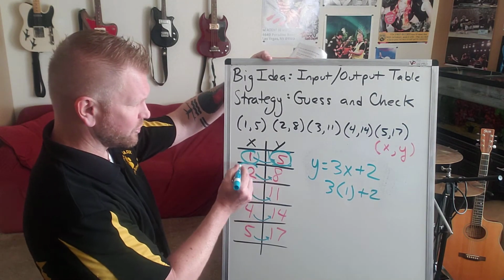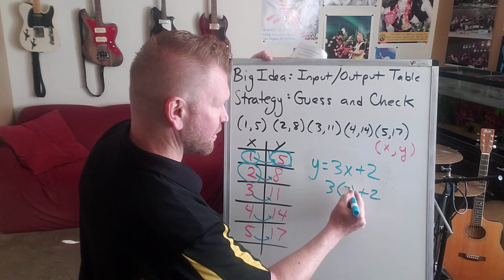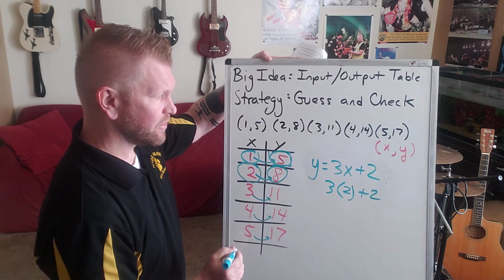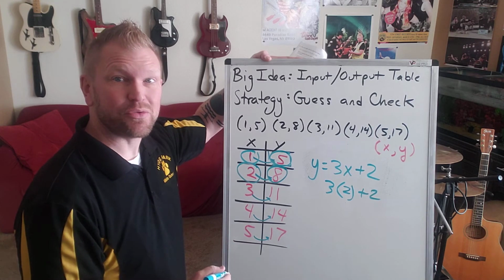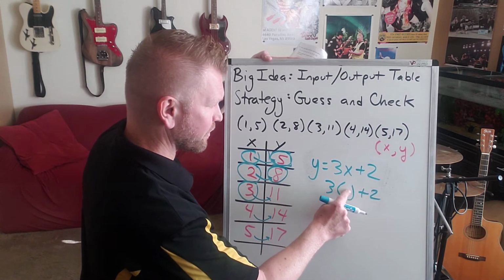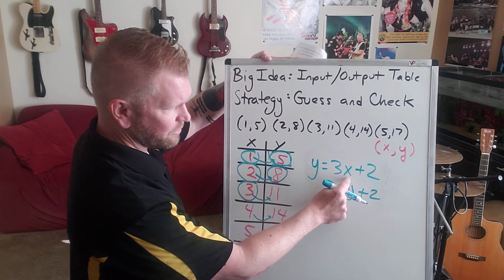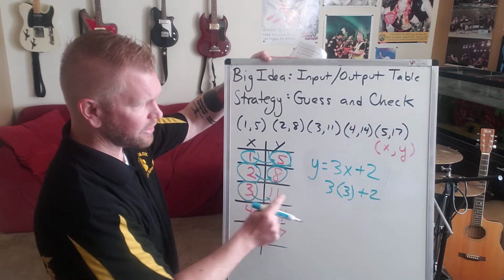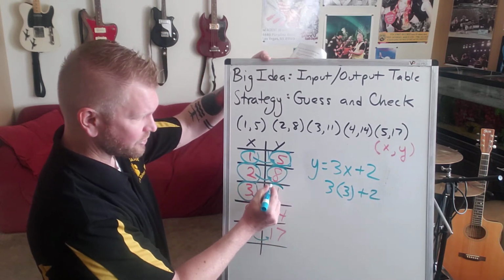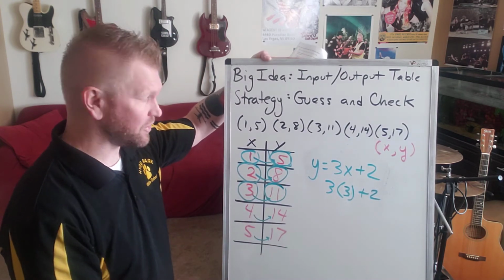So now we're going to try the 2. We're going to try 3 times 2 plus 2 to see if it equals 8. Sure enough, it does equal 8. Let's see if it works all the time. Let's try a 3 now. So 3 times x plus 2. The x is 3, so 3 times 3 plus 2. That equals 11. Check that out. It's working every single time.